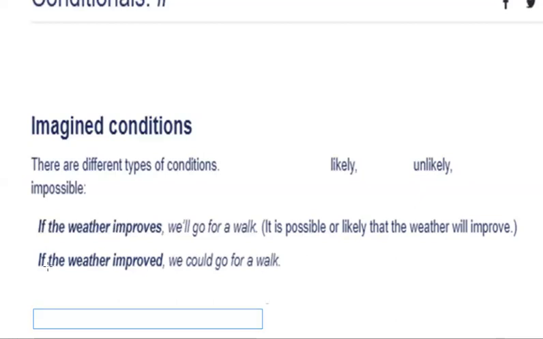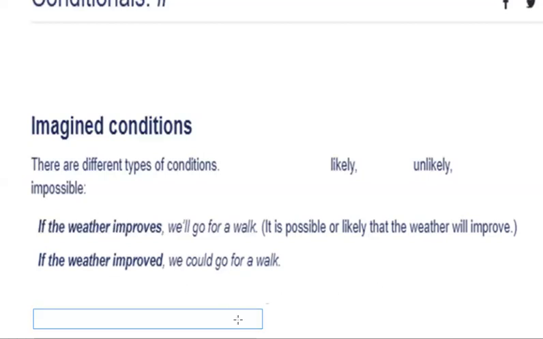As you can see, this part of the sentence is in the past, and there are fewer chances of happening. This one is in the past, this one also in the past, and there are almost no chances of happening, then this will be known as the unlikely.